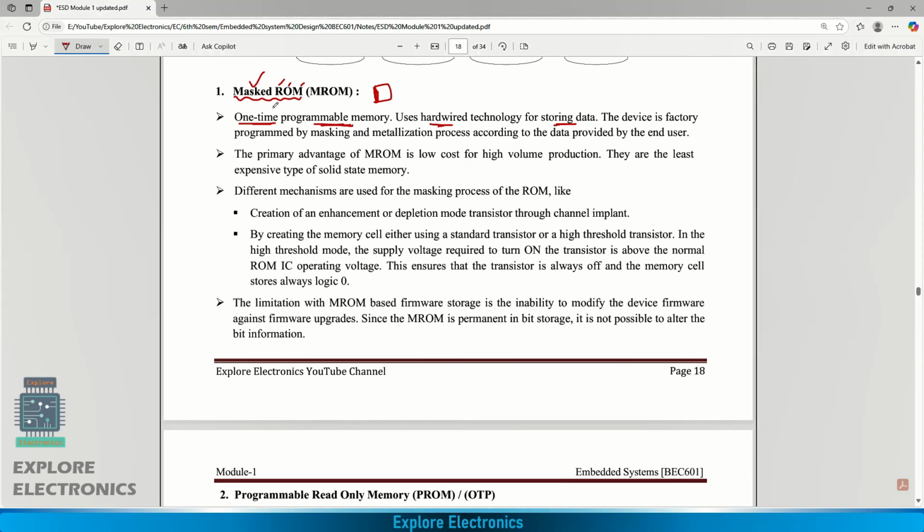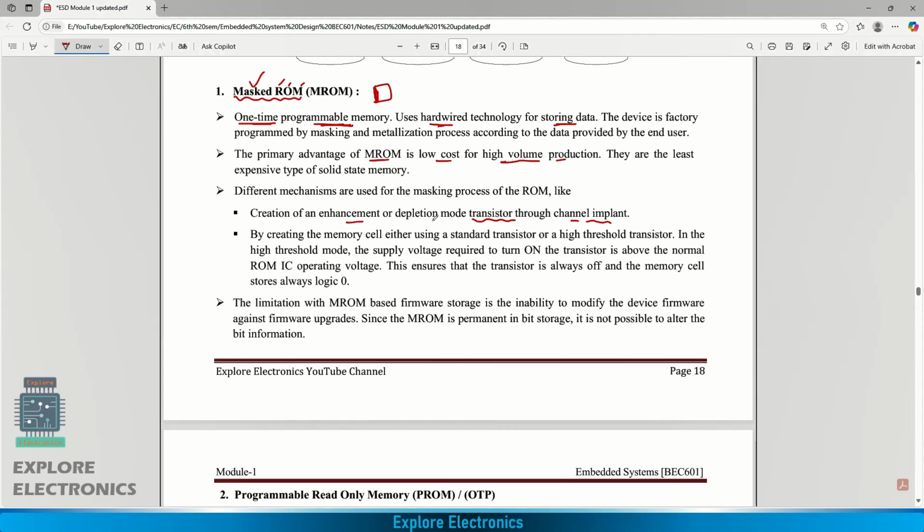It is masked. The primary advantage of masked ROM is low cost for high volume production. Once we program it, we can do high volume production. Different mechanisms are used for the masking process, like creating an enhancement or depletion mode transistor through channel implant. This is a technology where we use transistors while creating the MROMs.